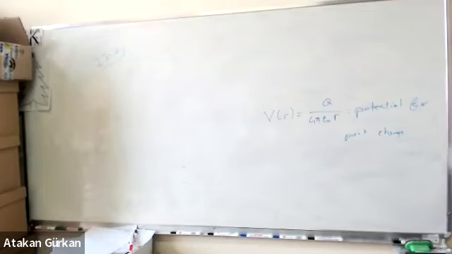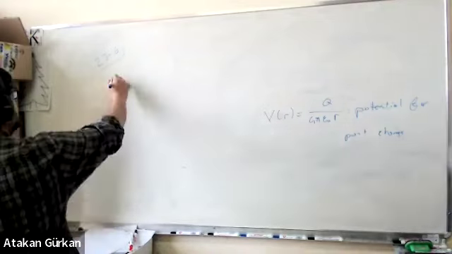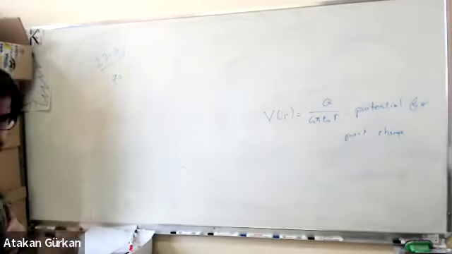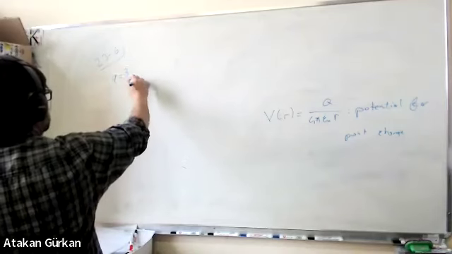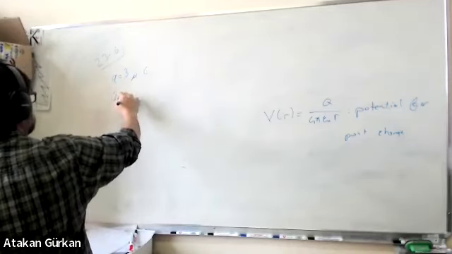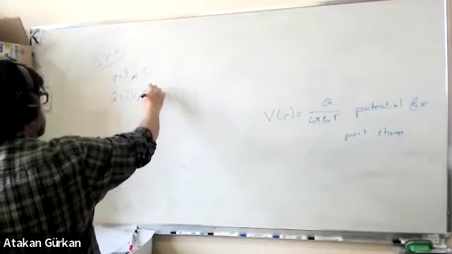What minimum work must be done by an external force to bring a charge q equals 3 microcoulombs from a great distance away to a point 0.5 meters from a charge capital Q equals 20 microcoulombs? So I have q equals 3 microcoulombs, and capital Q is 20 microcoulombs.